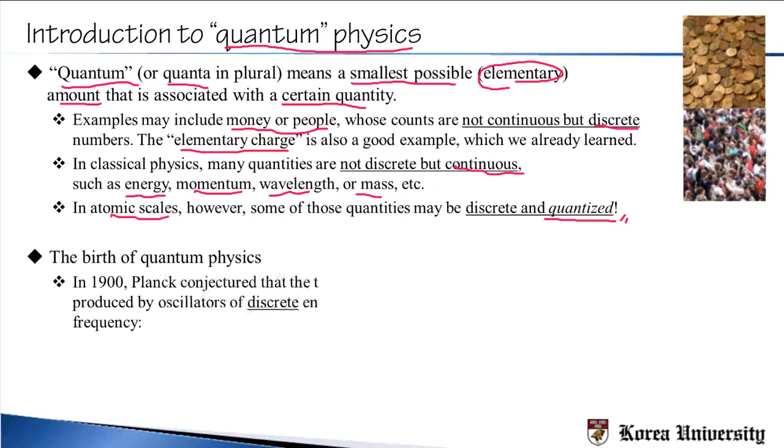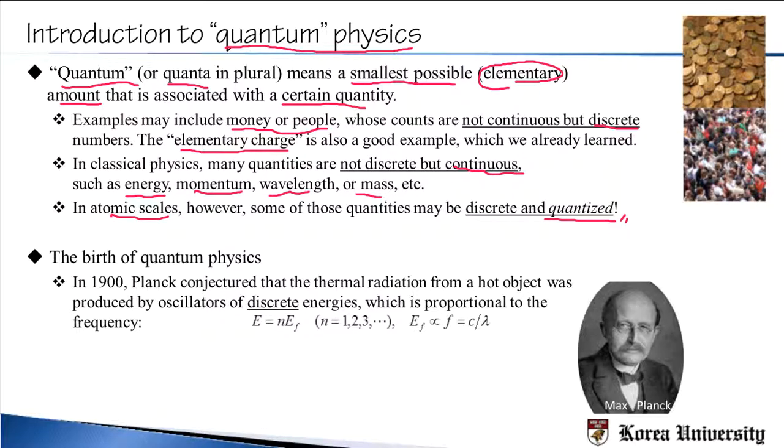Okay, and how quantum physics actually began can be summarized in the works of two famous people. One was Max Planck, and the other was the famous Albert Einstein. In fact, it was exactly 1900, the beginning of the 20th century, when Max Planck first conjectured that the thermal radiation from a hot object, which we will call a black body, was produced by oscillators of discrete energies.